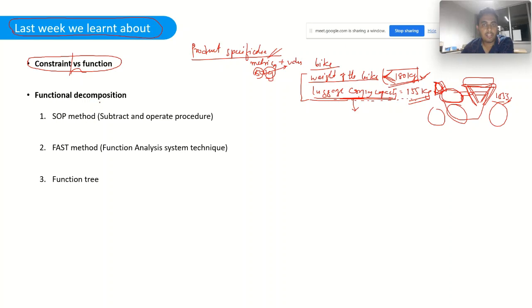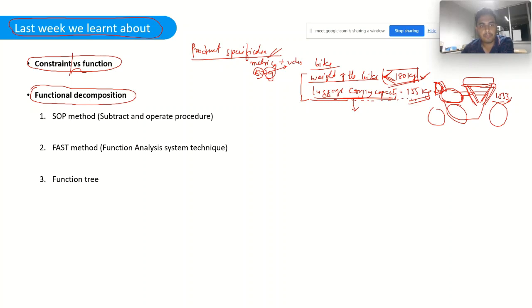Next, what we learned in the last class was functional decomposition. So what is functional decomposition? Do you remember? Yes, in functional decomposition we use the FAST method to identify all the functions of individual parts of a product.